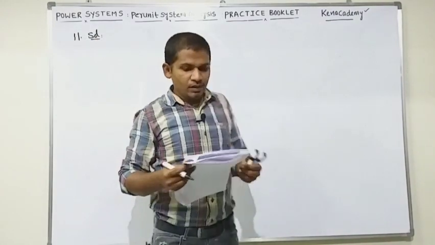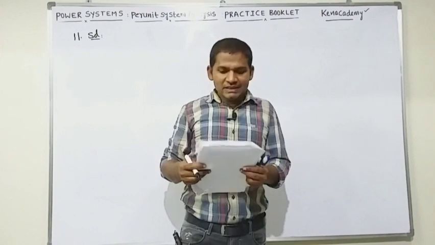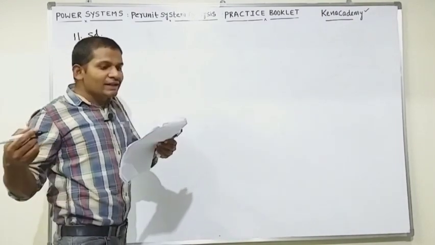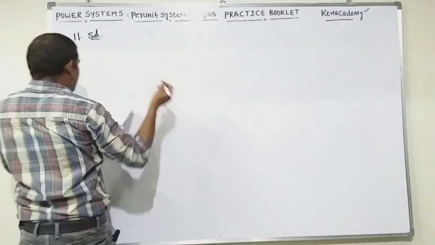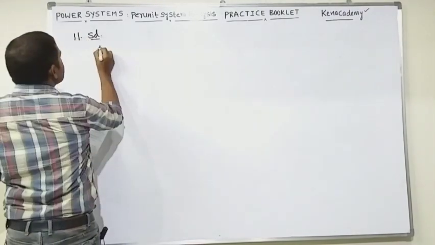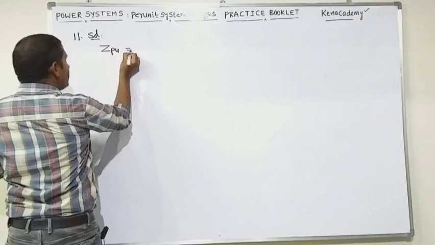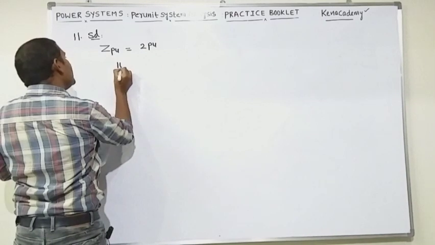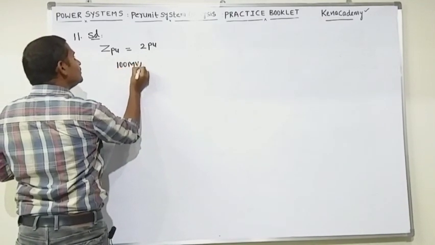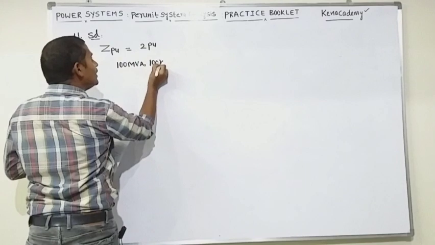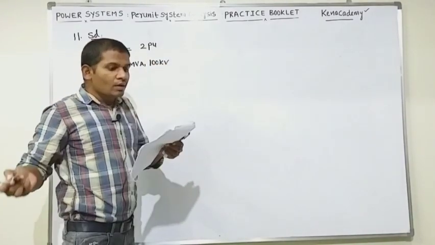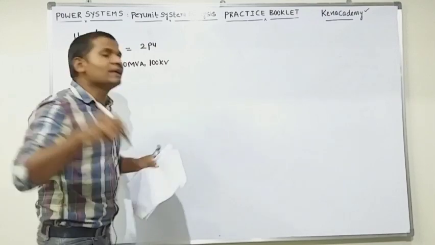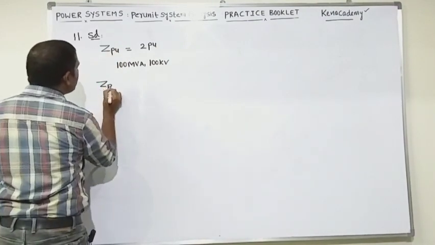I am reading the question. The per unit impedance per phase of a 3-phase transmission line on a base of 100 MVA, 100 kV is 2 per unit. That is the per unit impedance Z. The per unit impedance is 2 per unit on the base of 100 MVA, 100 kV. The value of this impedance on the base of 400 MVA, 400 kV, then you want to find Z per unit new.